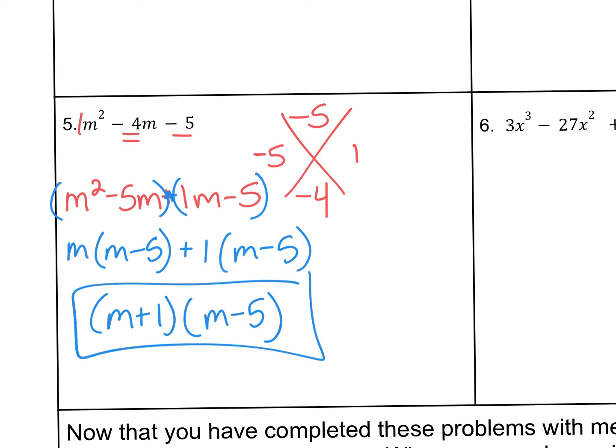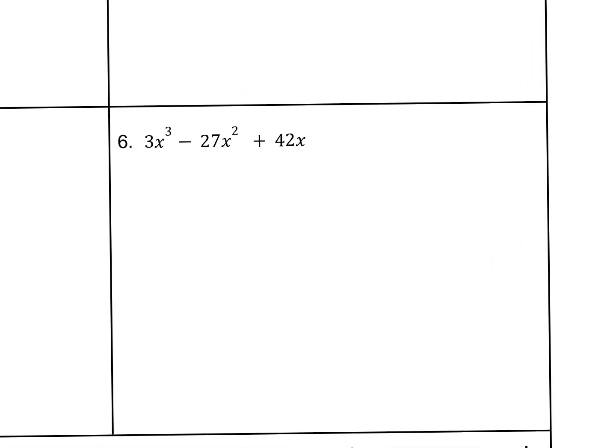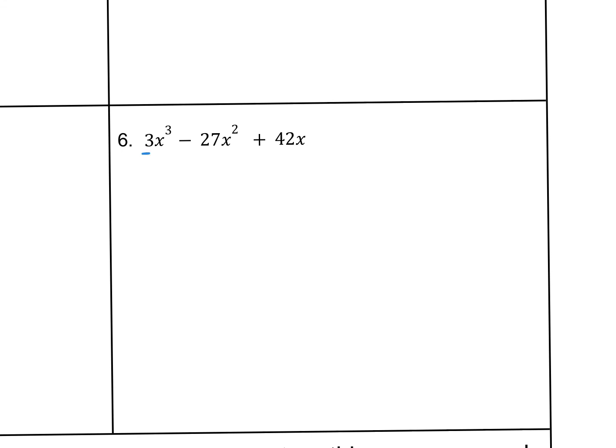Okay, and then last but not least, number 6. We check for a GCF. This one's looking like these are gonna have 1, okay, for sure. Definitely gonna be able to take out a 3. And then x cubed, x squared, and x, well, they all have x to the first. So 3x is gonna be my GCF here. And when I take that out, I divide 3x to the third divided by 3x, I just am left with x squared, okay?